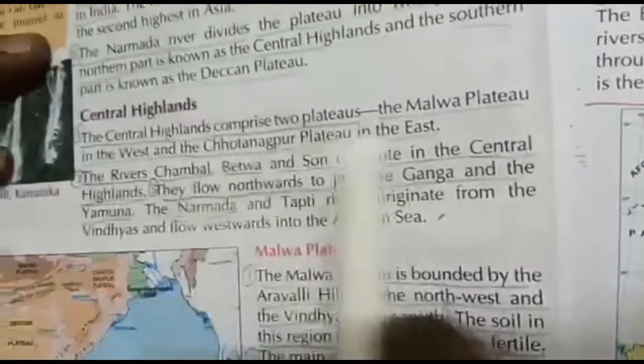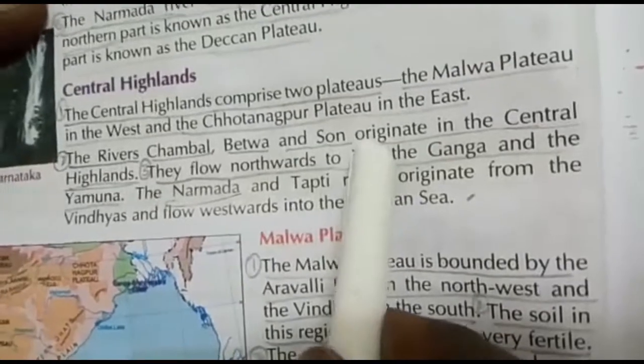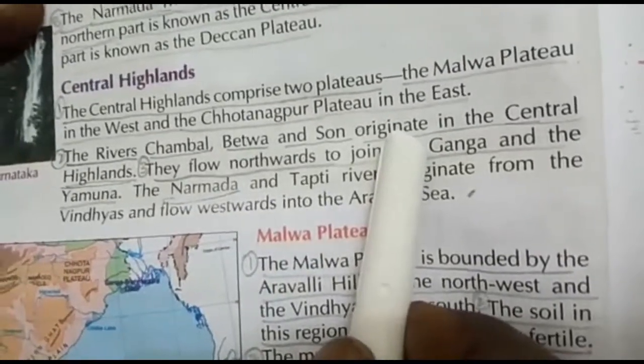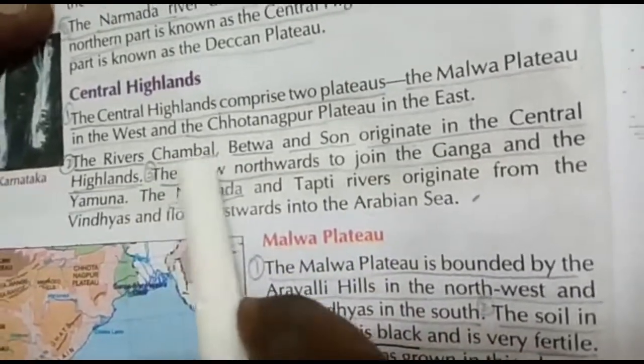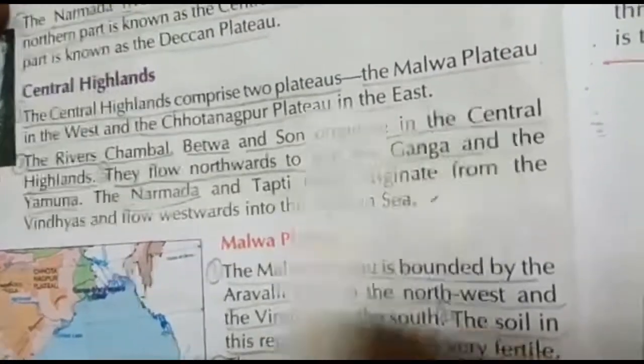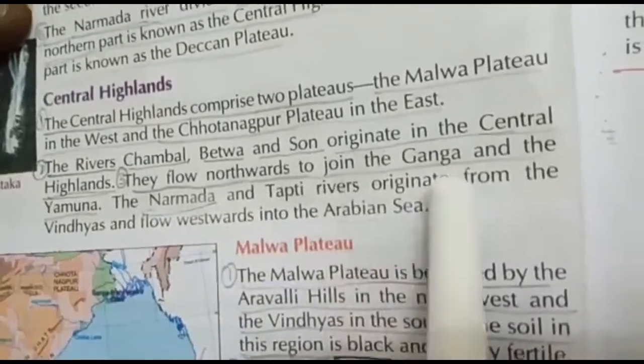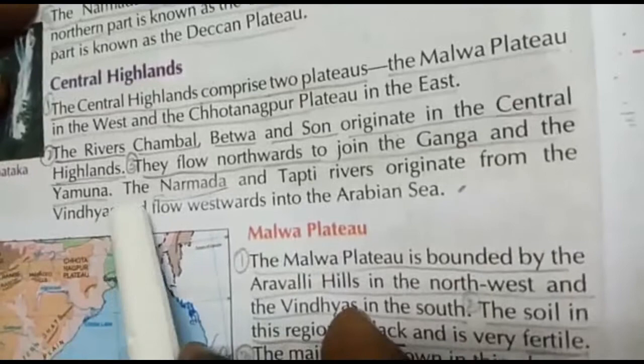There are some rivers that originate here. Originate means birthplace. The rivers Chambal, Betwa, and Son originate in the Central Highlands. They flow northwards to join the Ganga and the Yamuna.